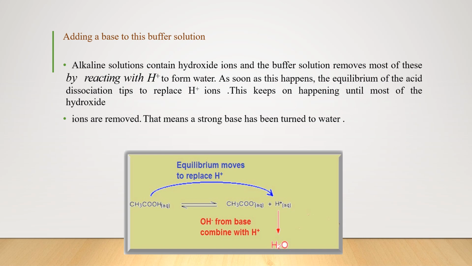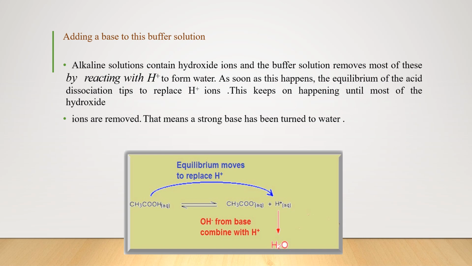Adding a base to this buffer solution, what changes are observed? An alkaline solution contains hydroxide ions, and the buffer solution removes most of these by reacting them with hydrogen ions to form water. As soon as this happens, the equilibrium of acid dissociation tips to replace the hydrogen ions.